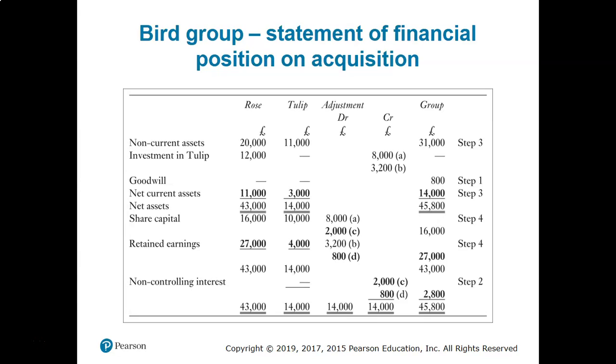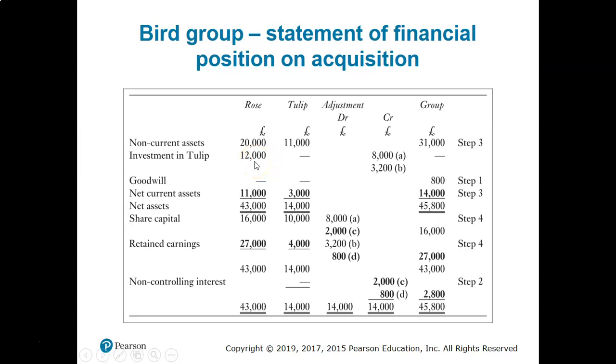Let's say here. In this case, you can see the Rose and Tulip picture is like this, as we saw before. And in this case there is a change. As we saw before it was 8,000 and 3,000, but now it is 11,000 and 3,000 because there is a change in the investment in Tulip.